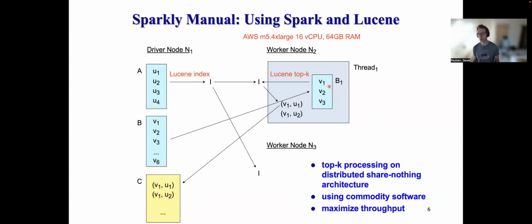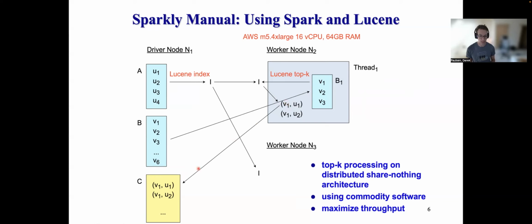With the nodes that we used in our testing, there would be about 16 threads running, so we're running all these chunks in parallel. Zooming in on just this chunk here, we're going to consult the local copy of index I to get the top K results. Again, if we take V1 as an example, we're going to consult index I. This gives us two records from table A, which is U1 and U2.